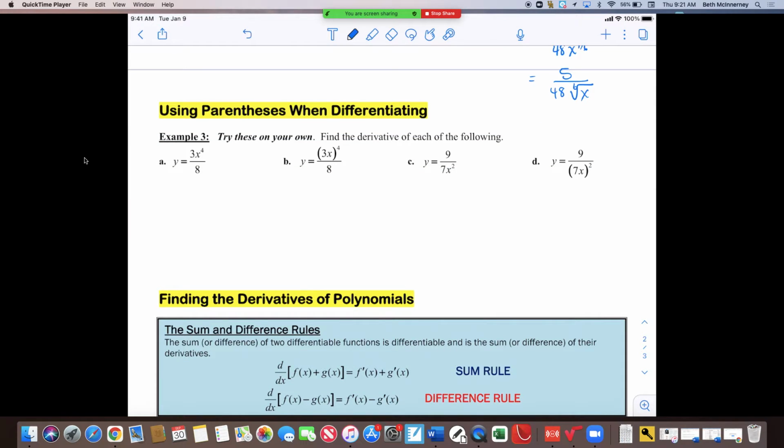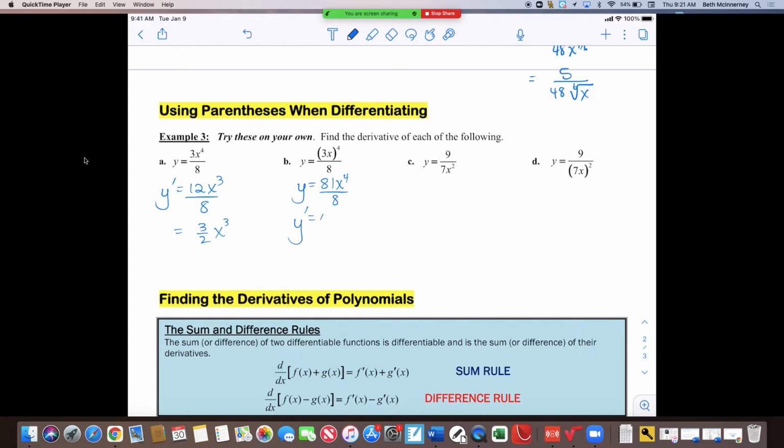All right, I'm going to go ahead and start this one. If I bring down the power, that's 12x cubed over 8, which does reduce to 3/2 x cubed. In letter B, I cannot do the power rule as it is written. I have to simplify this as 81 x to the 4th over 8.